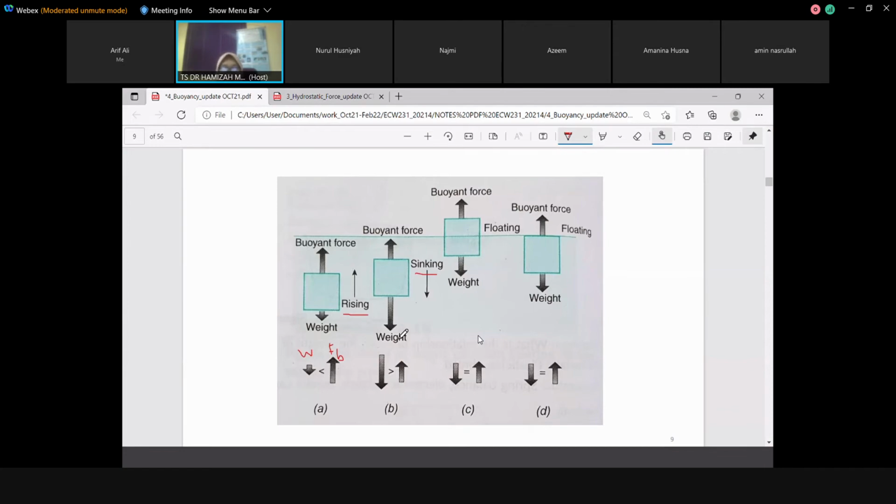Okay, and then condition of partially submerged, separuh saja yang tenggelam, it means that weight and buoyant force is the same. So we consider as floating. Okay, another conditions of floating, it is where the weight is equals to buoyant force sama juga. It can be fully submerged. Okay, untuk floating ada dua condition, fully submerged or partially submerged.